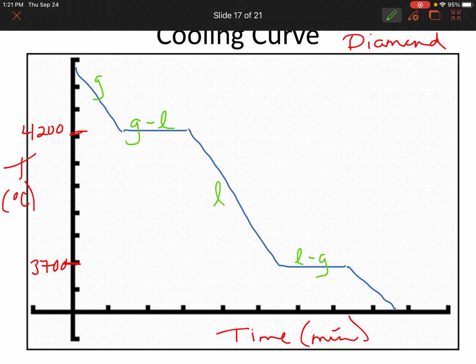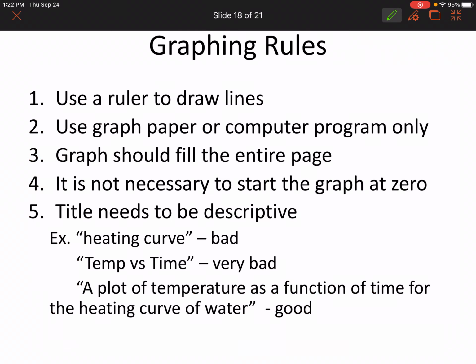This is where we're going to get our slush phase. So liquid/solid. And then down here, of course, oops, oh, silly me. That's a solid. Sorry about that. Then we get to our solid phase when we're below the 3,700, which would be the freezing point of diamond. Okay, so this is a cooling curve, so just the opposite of a heating curve.